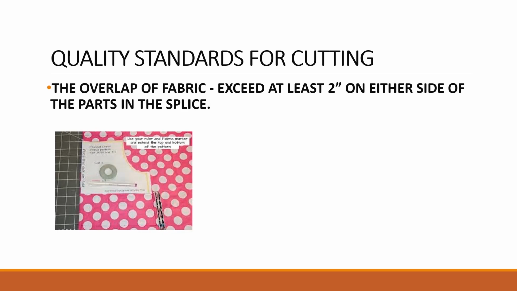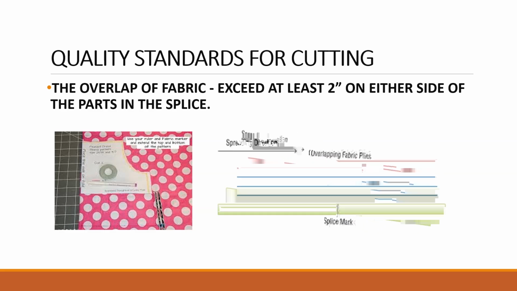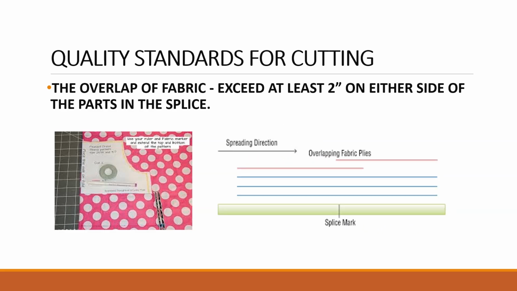So that is the way room is there for adjustment for a particular garment, as shown in the figure and the photograph, how the spreading direction and the overlapping of the fabric plies are there, and why these splices are there, the location of the splice, where there is an overlapping. So that overlapping, as shown in the figure, can exceed at least 2 inch on either side.